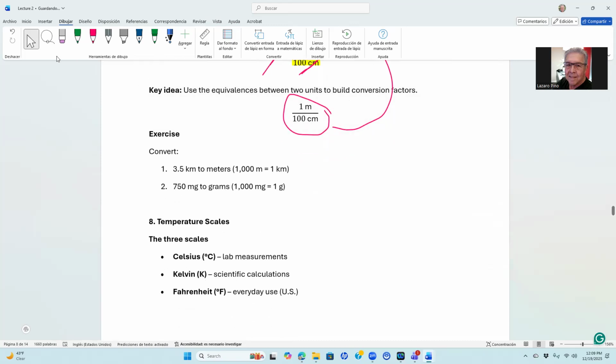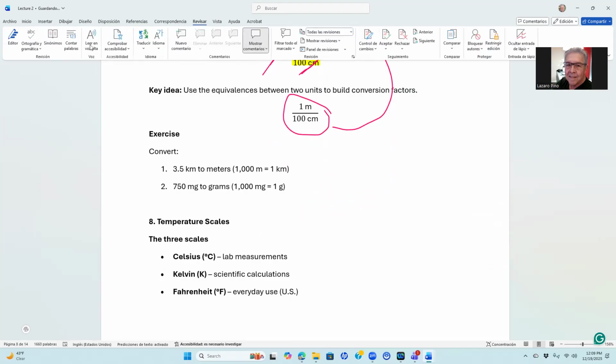All right, let's continue then with temperature. Temperature scales. The 3 scales: Celsius, degree C, lab measurements. Kelvin, K, scientific calculations.